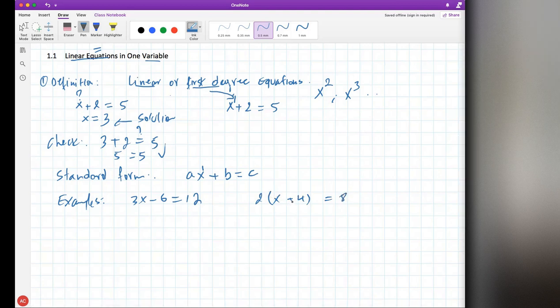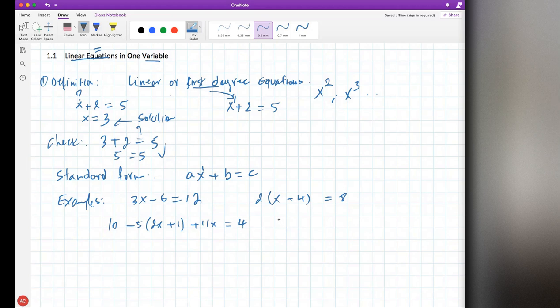Once we simplify these, they would look like this. It might be even longer than this. For example, something like this, negative maybe 5, possibly 2x plus 1, maybe plus 11x equals 4. Maybe it'll be like that, a longer equation. But again, if we simplify it, it will look like this. I'm going to show how to do that in a moment. So take these, simplify them, and it'll look like that.